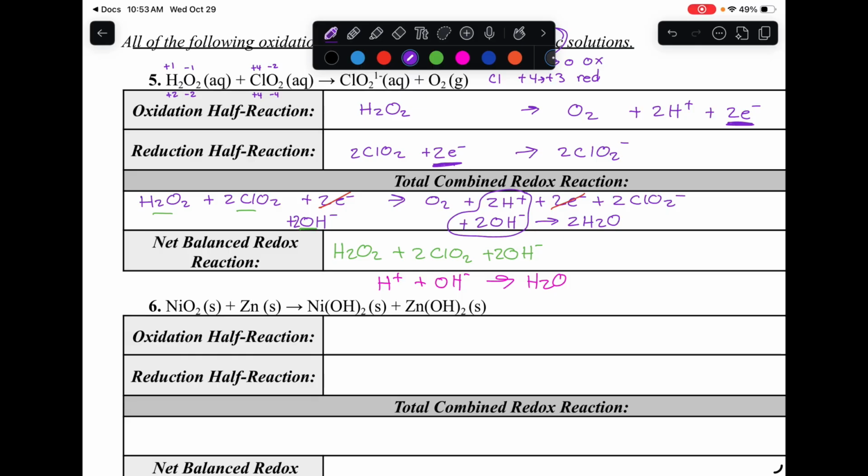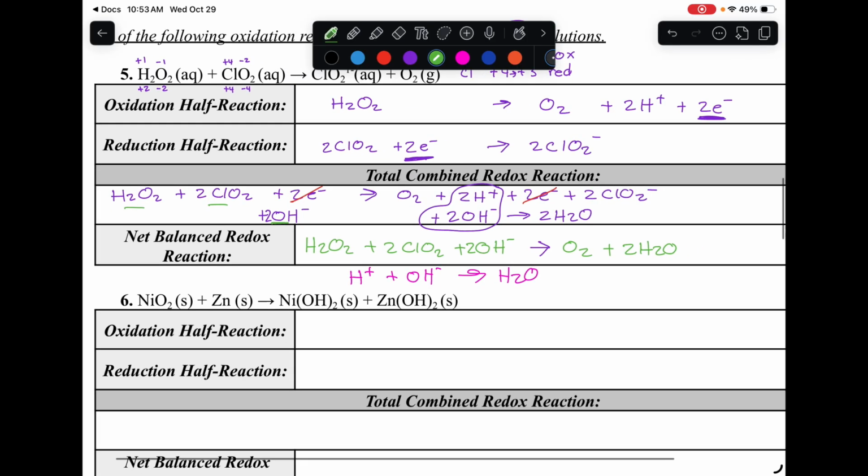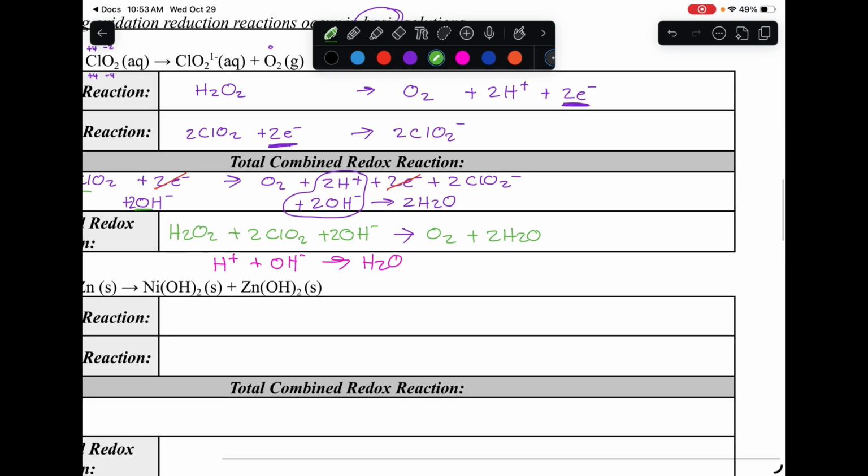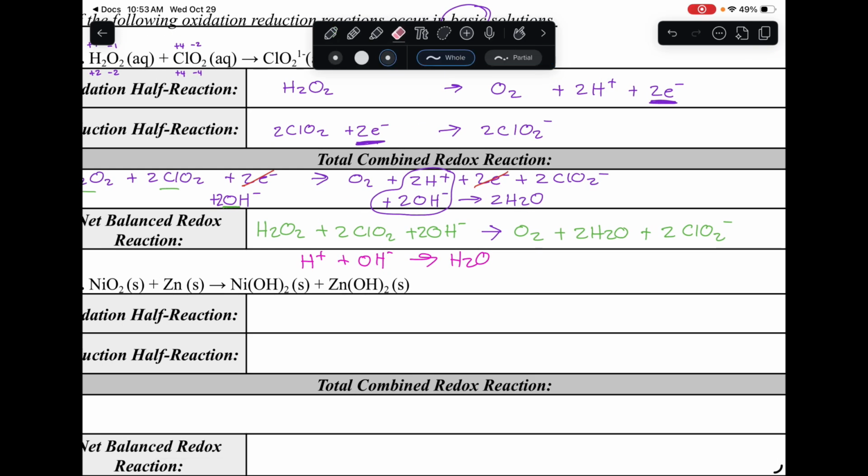And then we have, oops, let's go back to green. The products, we have O2 plus the 2H2O, which is coming from our combined H plus and OH minus, plus 2 ClO2 minus. And then that completes this problem in basic solution.